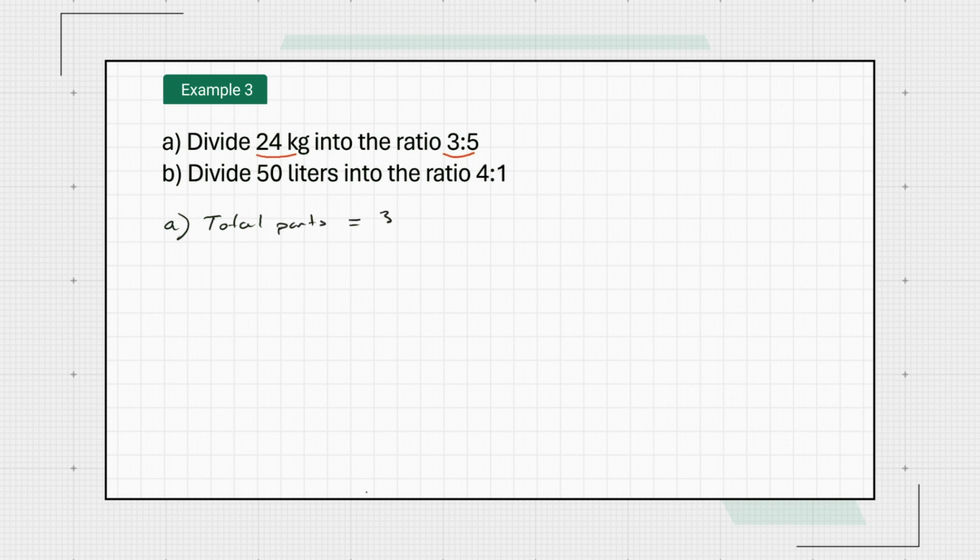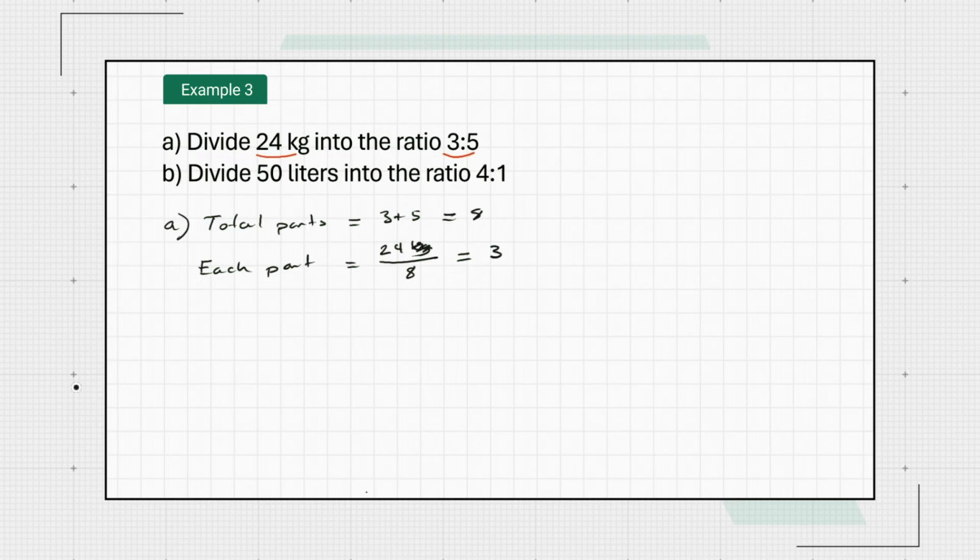This is going to be 3 plus 5, which equals 8. So each part is going to be equal to 24 kilograms divided by 8, or just 24 divided by 8, which is going to be equal to 3.